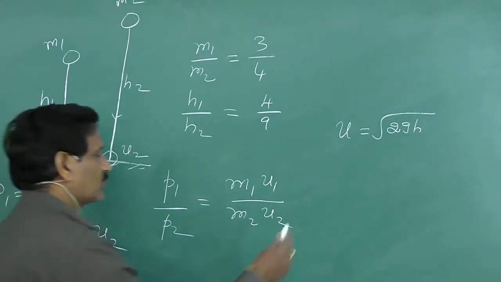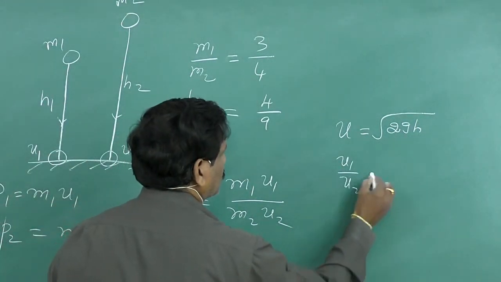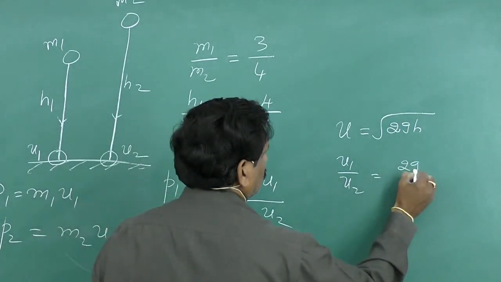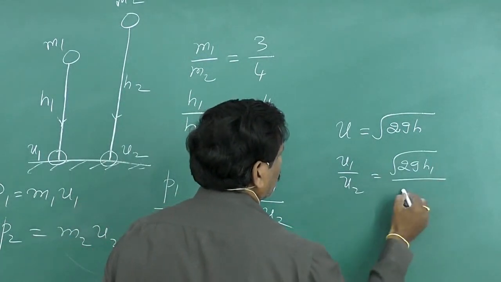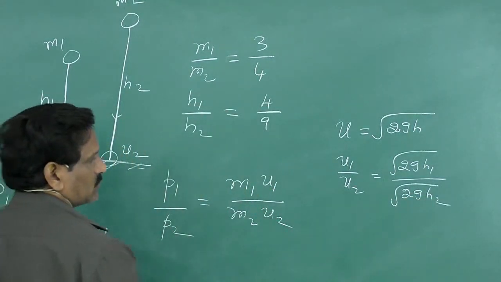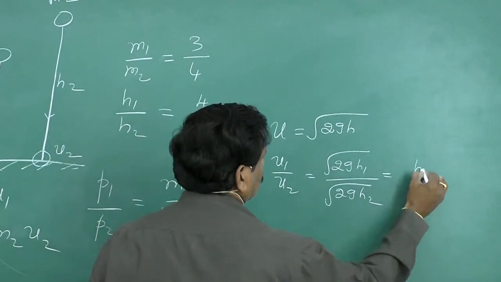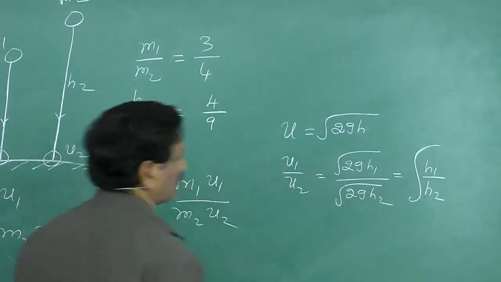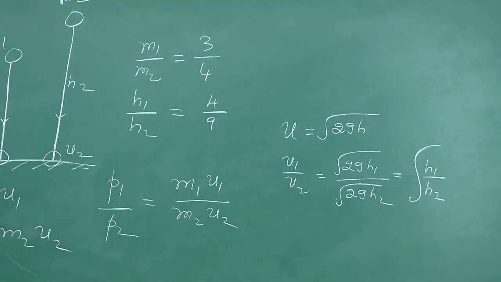So you can write u1 by u2 is equal to root of 2gh1 by root of 2gh2. The 2g cancels, then it is h1 by h2 under root. So u1 by u2 is equal to the square root of h1 by h2.